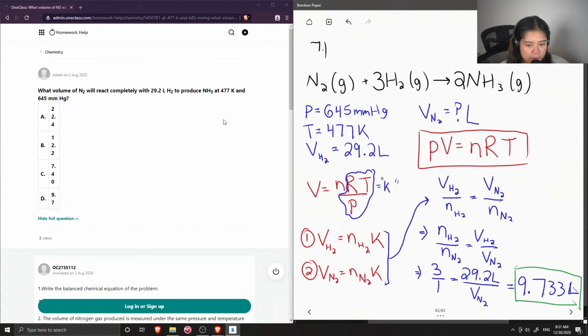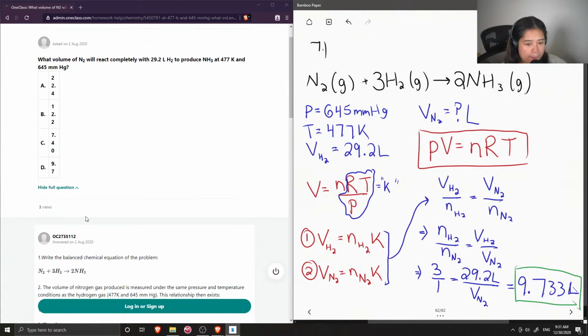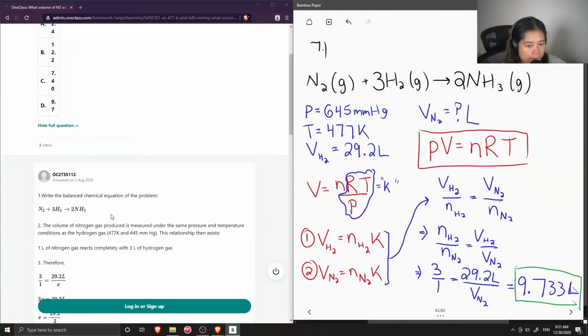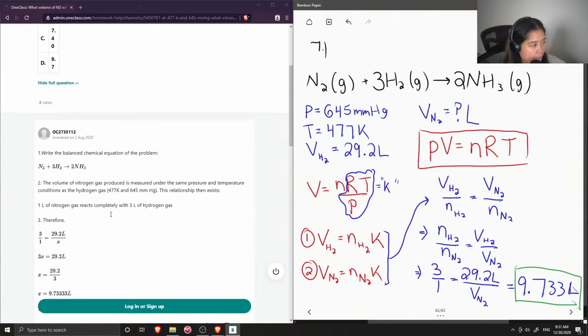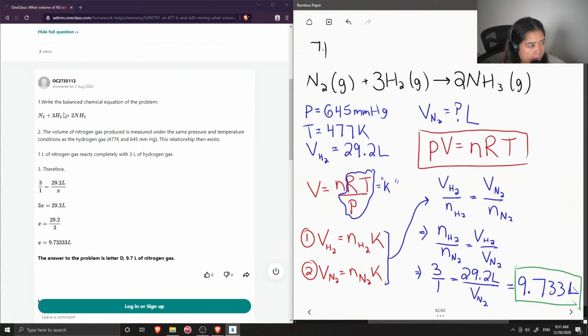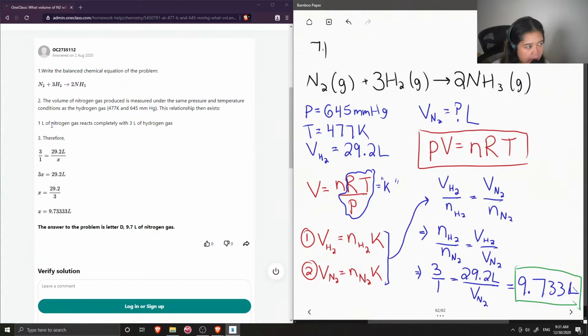Okay, so let's see what the junior tutor said. Write the balanced chemical equation of the problem: N2 plus 3H2 makes 2NH3. The volume of gas is measured under the same pressure and temperature conditions as the hydrogen gas.